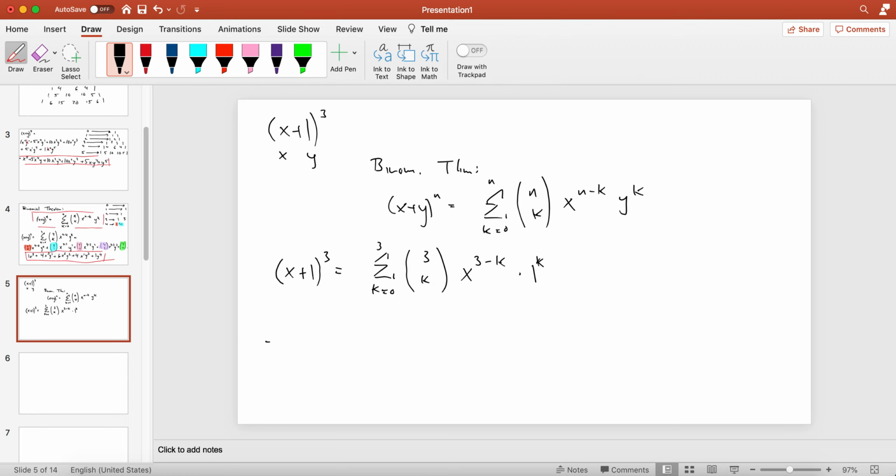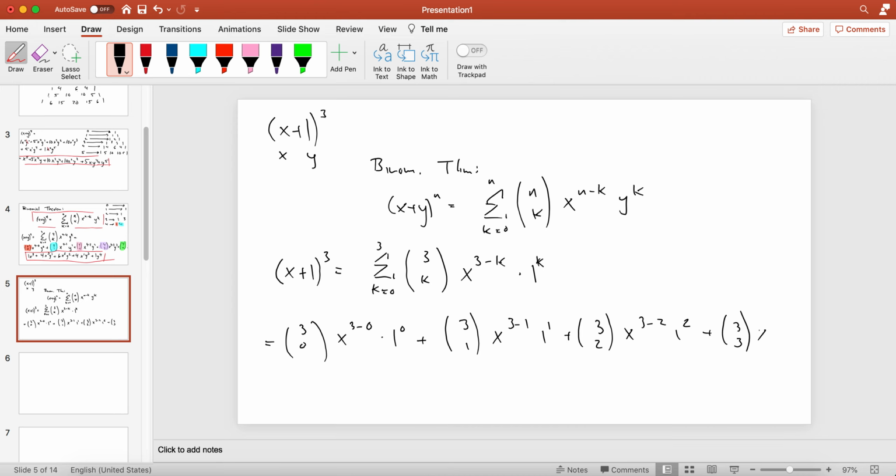Let's just start plugging values in. This is telling me 3 choose 0, x to the 3 minus 0 times 1 to the 0, plus 3 choose 1, x to the 3 minus 1, 1 to the 1, plus 3 choose 2, x to the 3 minus 2, 1 squared, plus 3 choose 3, x to the 3 minus 3, 1 cubed.